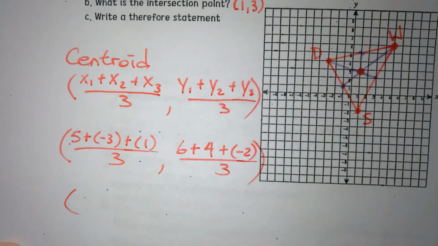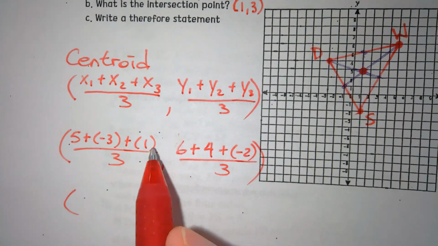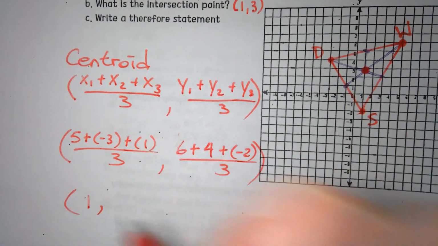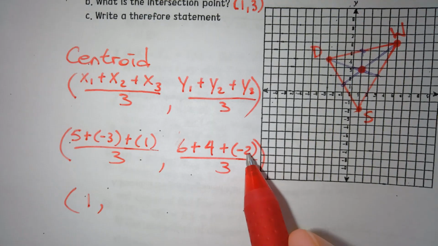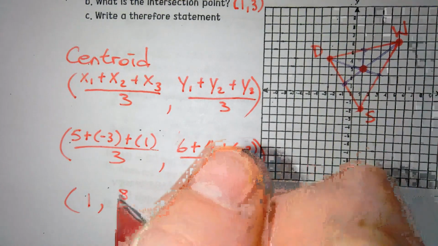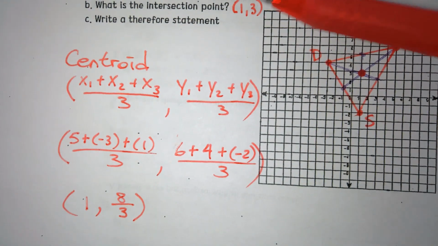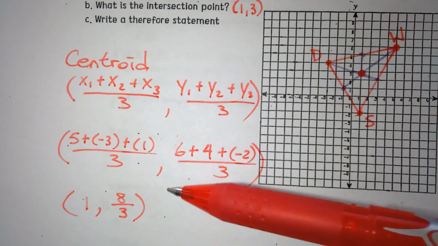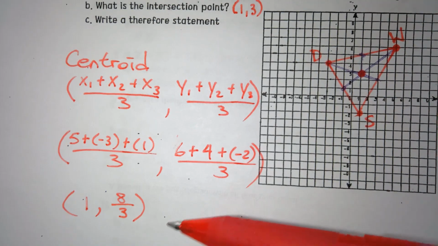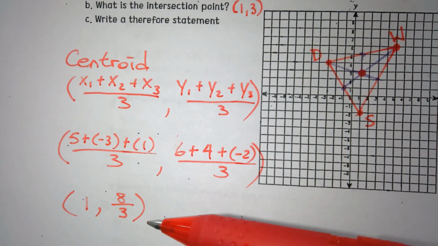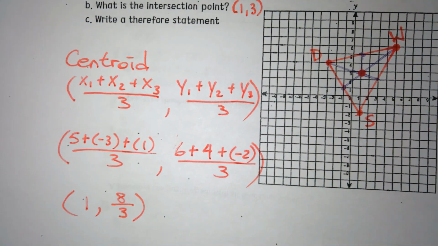So 2 plus 1, 3. 3 divided by 3, I get 1. 6 plus 4, 10. 10 minus 2 is 8. 8 over 3. So you see how my answer was a little off? Graphically, it looks like it's at 1 and 3, but mathematically, it's actually at 1 and 8 over 3. So this is nice and easy to find the centroid.